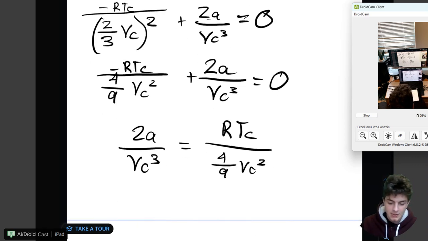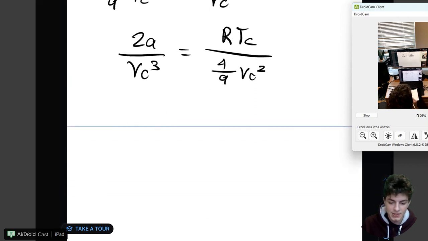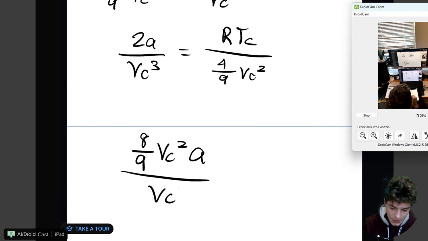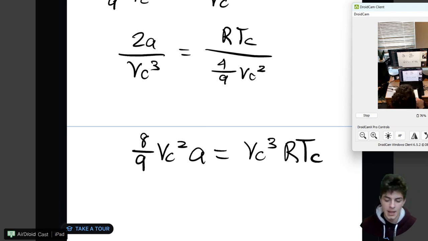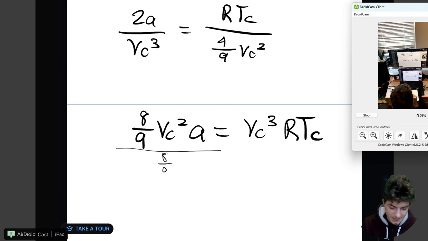And then again, let's cross multiply. So 2 times 4/9 is going to be 8/9 VC squared A over VC cubed. Oops, we're cross multiplying. There we are. And then divide both sides by 8/9 VC squared.